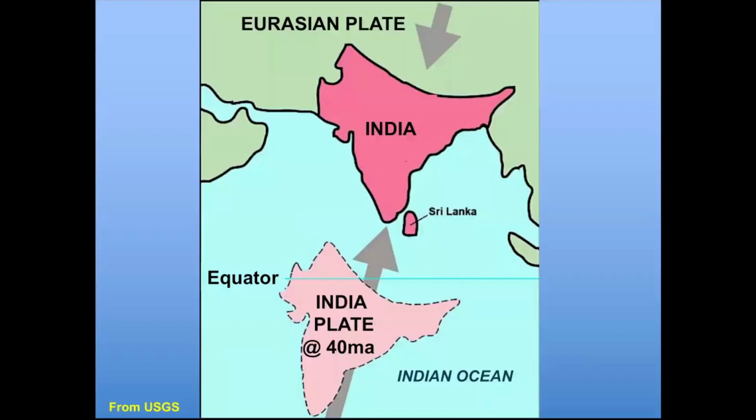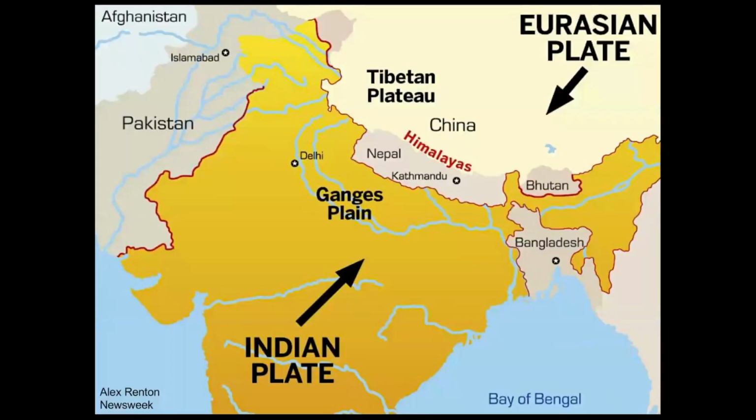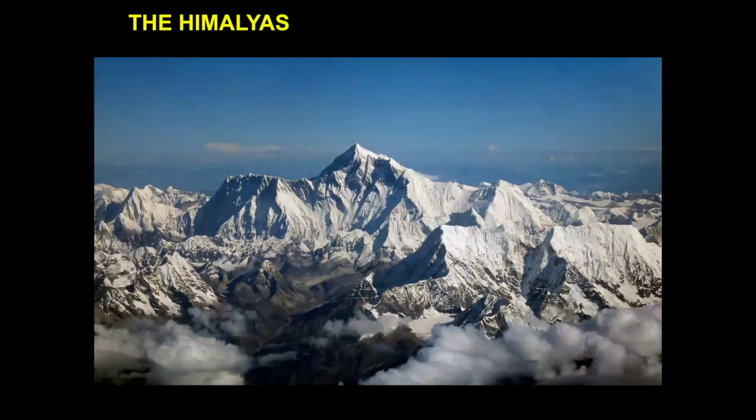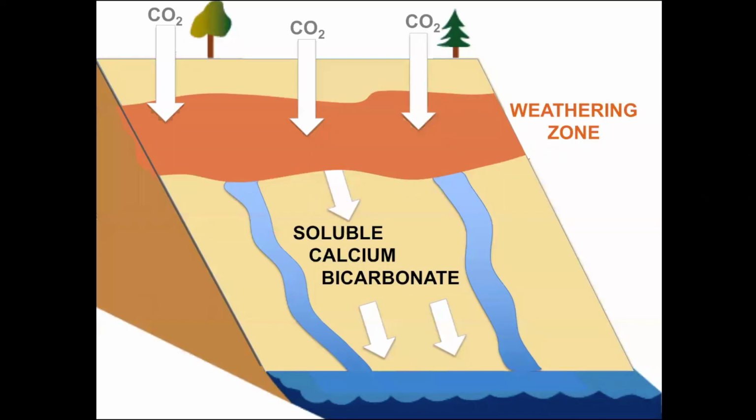But what caused it? Well, it happens at a time when the India plate, which was almost a small continent itself, was coming north at a fairly rapid pace, moving towards the Eurasian plate. And at about that time, it collides, forming the Himalayas and putting lots of new fresh rock up at the surface where it could be weathered, and perhaps a drawdown of carbon dioxide in the weathering zones.